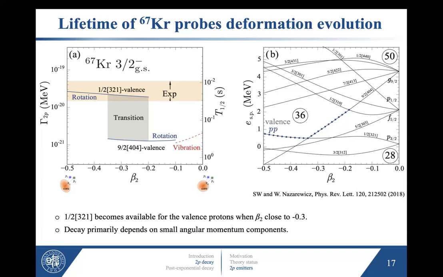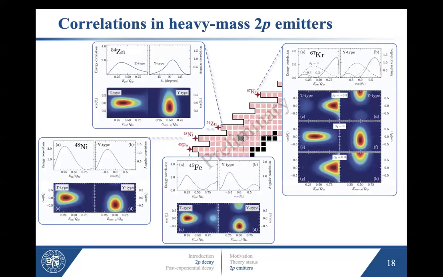The question is whether it will also impact the angular or energy correlations. And I think the answer is yes. According to our recent calculations, if the system is deformed, most of the valence protons will decay with large angles. But if the system is spherical, the nuclear energy and angular correlations will be much different.